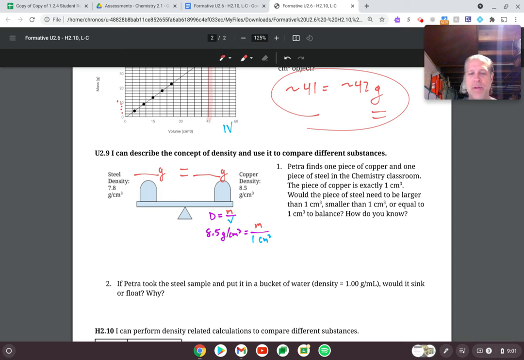So like we did before, we're going to solve for mass by multiplying both sides by 1 cubic centimeter. And we're going to find out that the mass is going to be something like 8.5 grams.